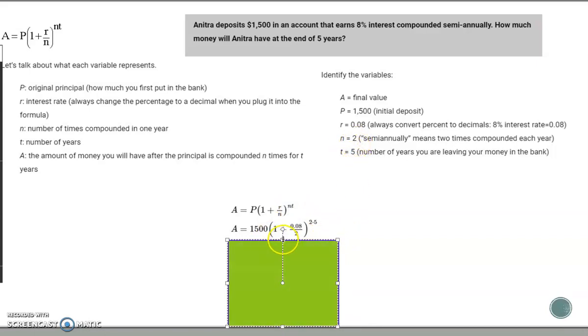When you plug this into your calculator, I want you to actually divide this first, 0.08 divided by 2. That's how I got 0.04. So we're doing it step by step here. 2 times 5 is 10. Then you could do what is inside the parentheses.